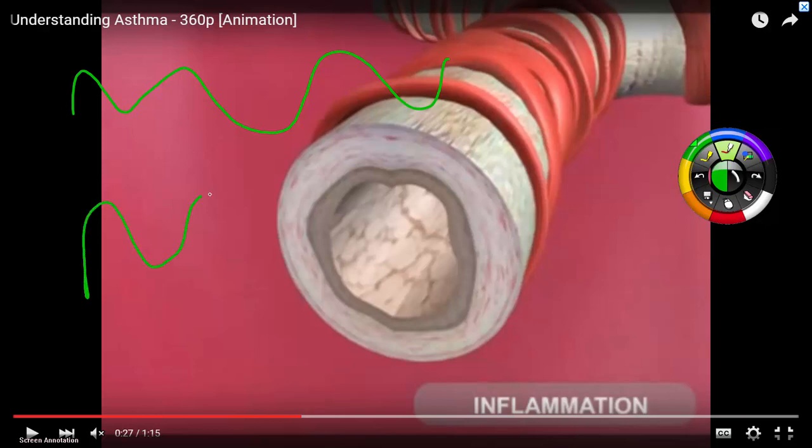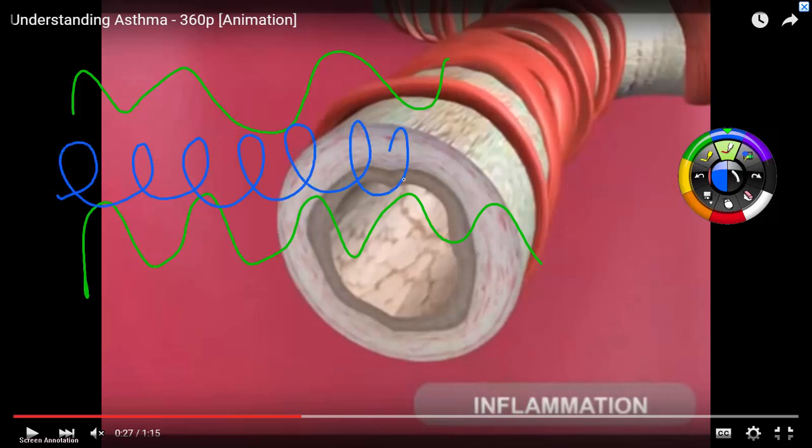So the muscles spasm, and that creates no longer laminar flow, but turbulent airflow. And turbulent airflow produces wheezing. That is why people with asthma wheeze. So, that's the basic pathophysiology of asthma. Again, it's a smaller airway and an exaggerated immune response.